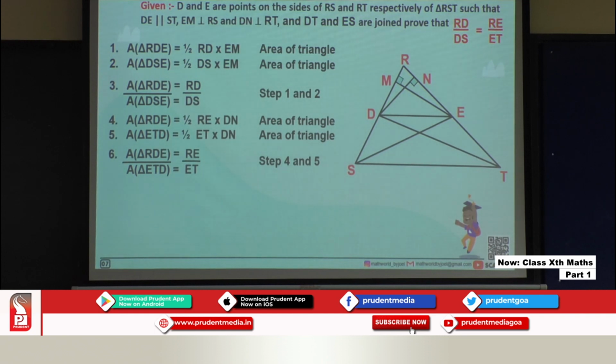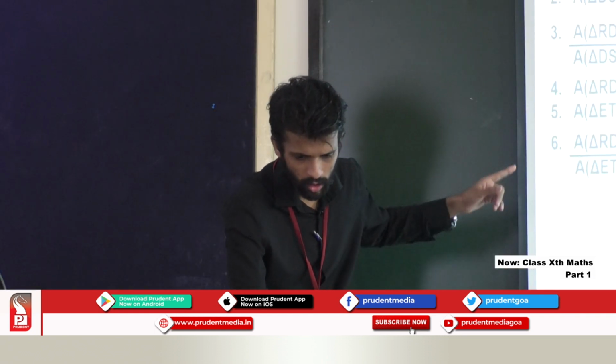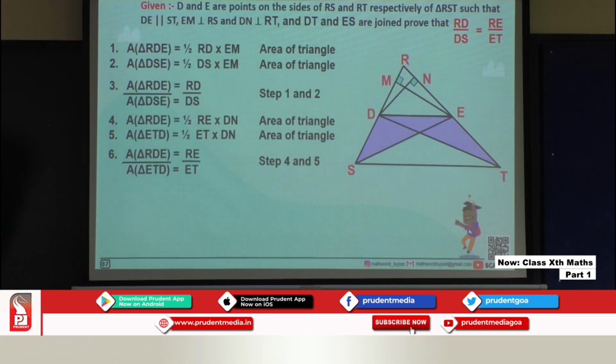Okay, now concentrate on the figure. I have selected two triangles over there, DSE and DTE. Now these two triangles have equal areas. Now you'll wonder why equal areas.